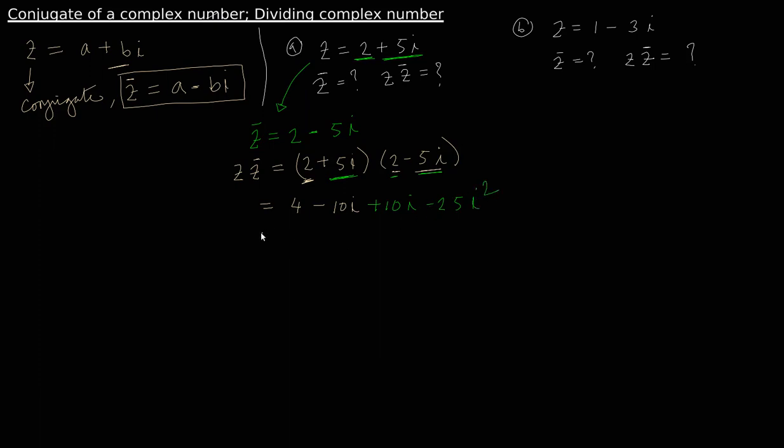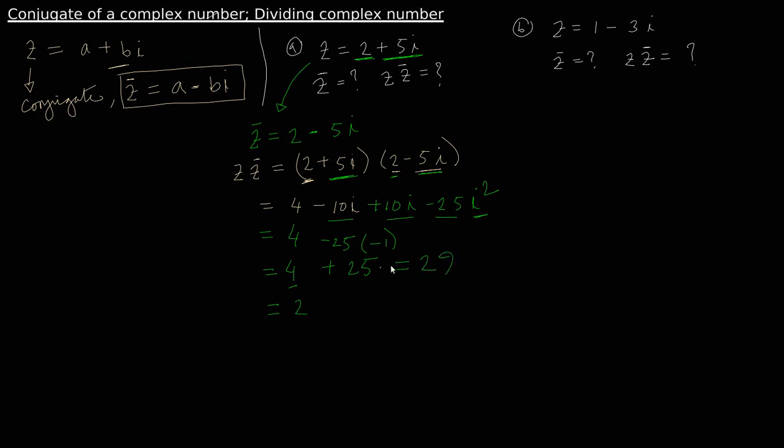All right, so let's see what I am left with. Now as you can see, 4 is 4, fine. Negative 10i and positive 10i cancel out each other. Now here I have negative 25 i square, and we know that i square is negative 1. So I got 4 plus 25, which is actually 29.